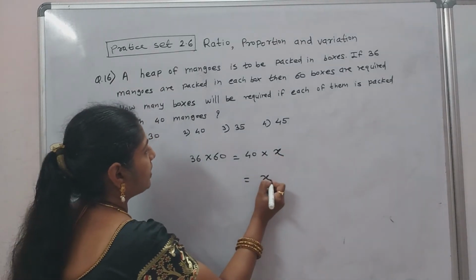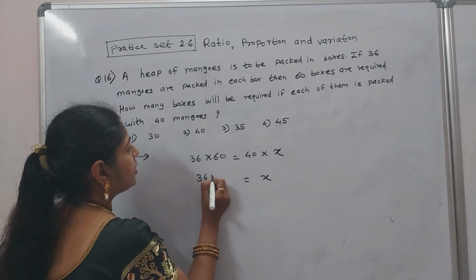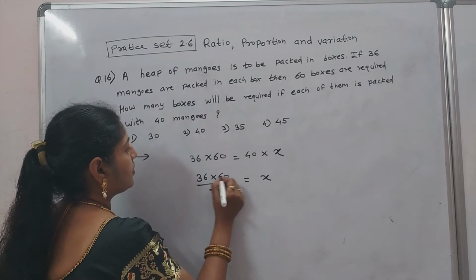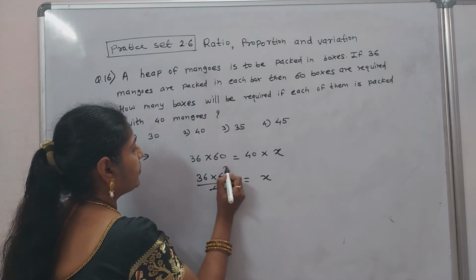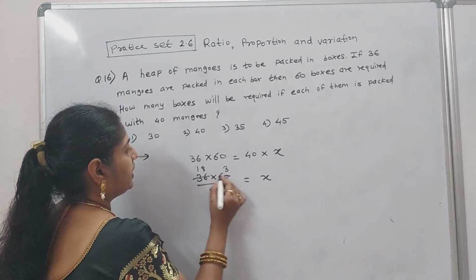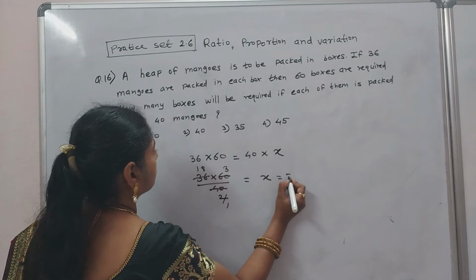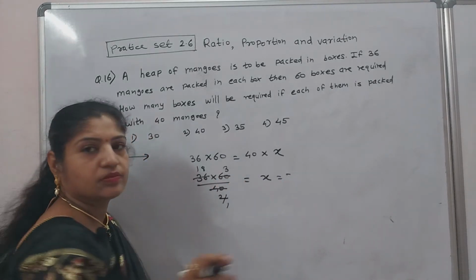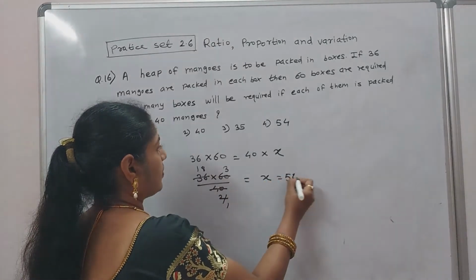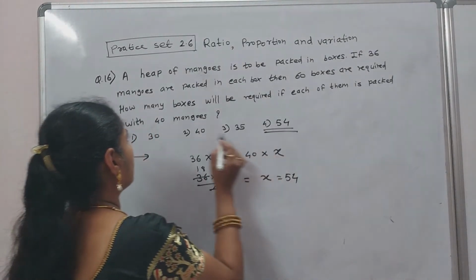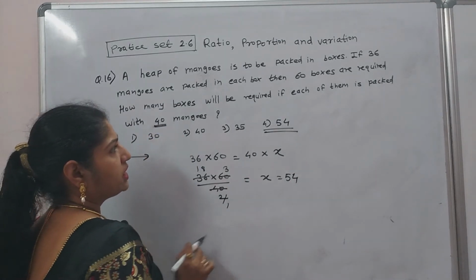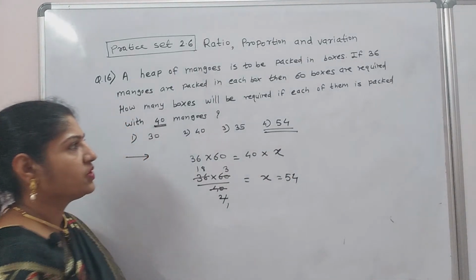So find the value of x. 40 goes into the denominator. 2 2s are 40, 2 3s are 60, 2 1s are 2, 18. 18 into 3, 54. Option number 4. If we put 40 mangoes, then 54 boxes are required.